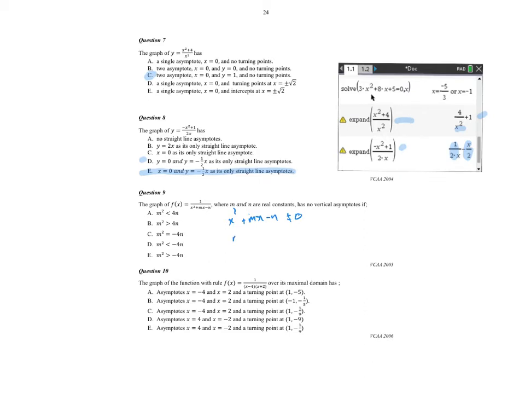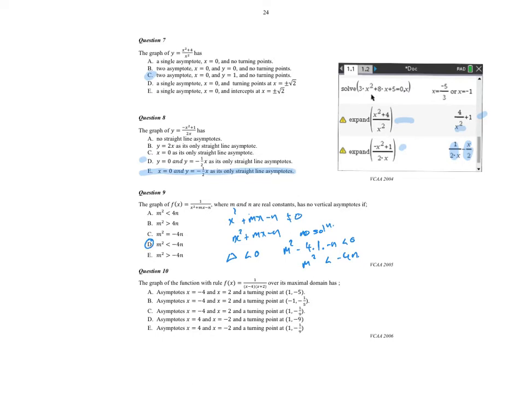So we want x squared plus mx minus n to have no solutions, which means the discriminant has to be less than 0. So I get b squared minus 4ac is less than 0. So we get m squared is less than negative 4n, which is D.